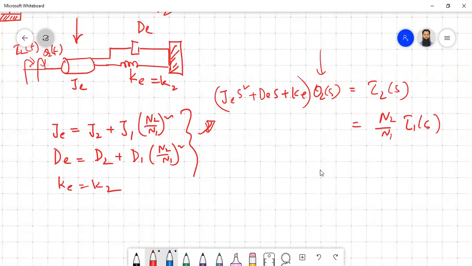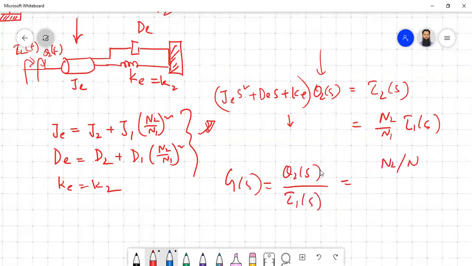Then you have the rest of the thing exactly the same. So G(s), which is theta 2(s) by tau 1(s), will be N2 by N1 divided by J equivalent s squared plus D equivalent s plus K equivalent.